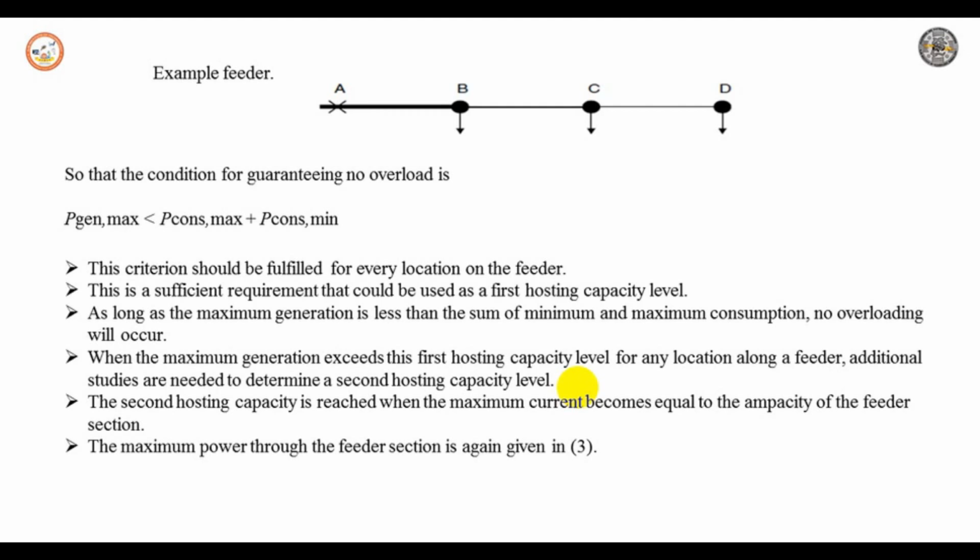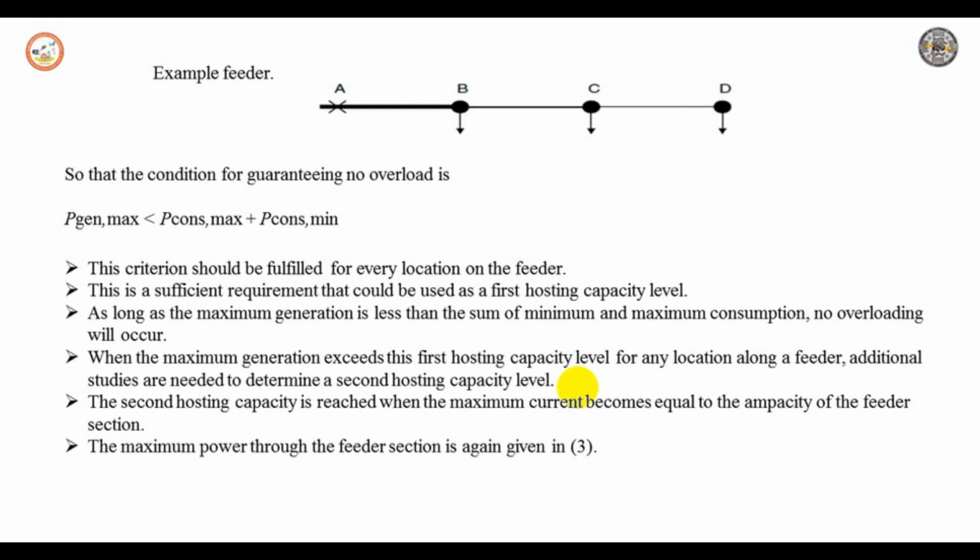The second hosting capacity is reached when the maximum current becomes equal to the ampacity of the feeder section. So this should be less than the maximum permissible power, which is given in our third equation.